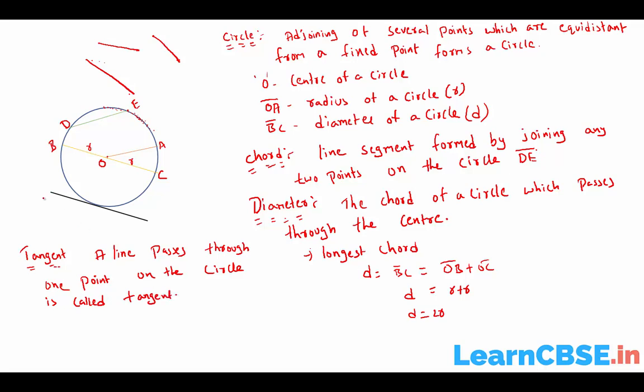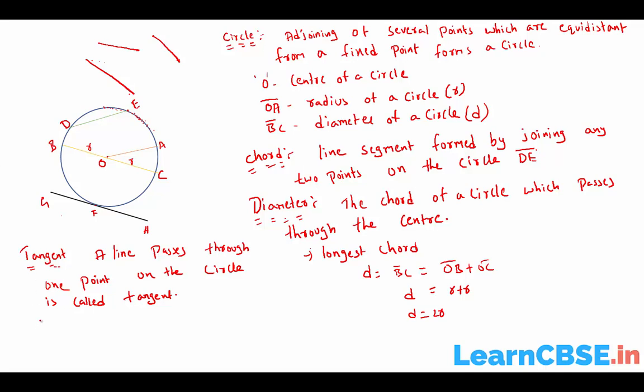Observe this line, let it be GH. This line is passing through only one point which is on the circle, let it be F. Then we can say again, the line which touches the circle at one point is also called a tangent.